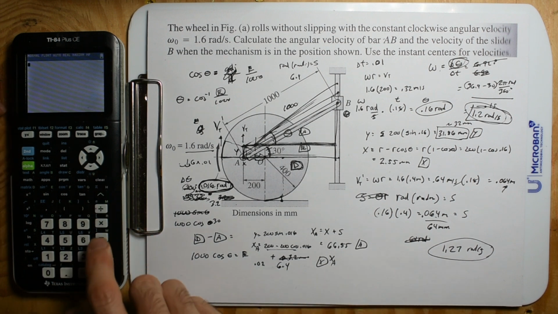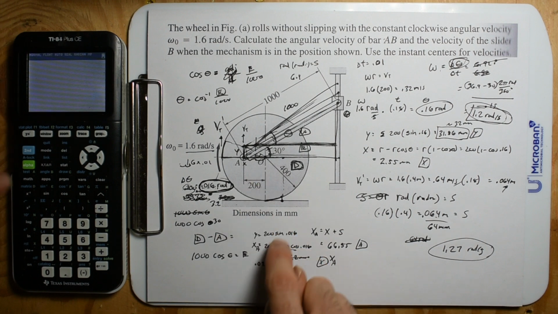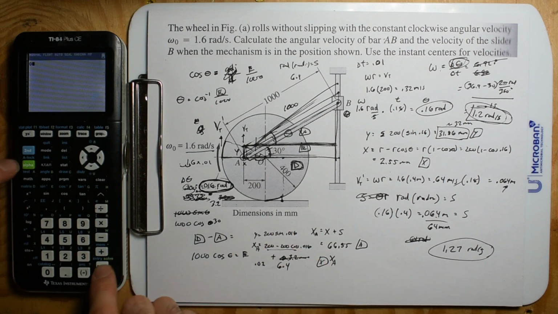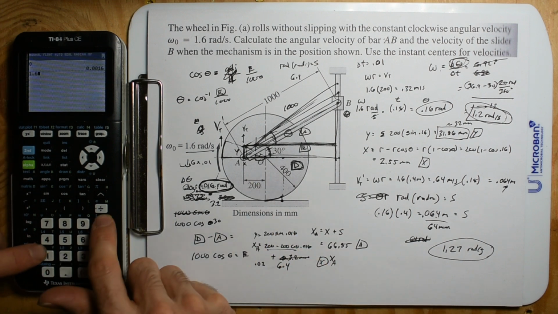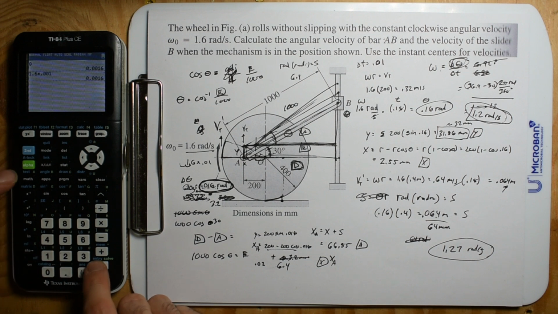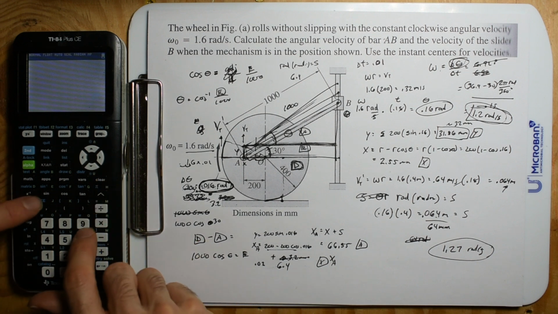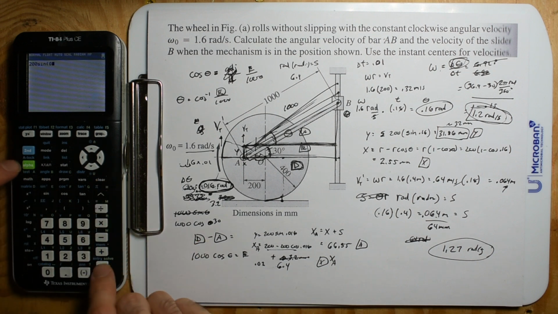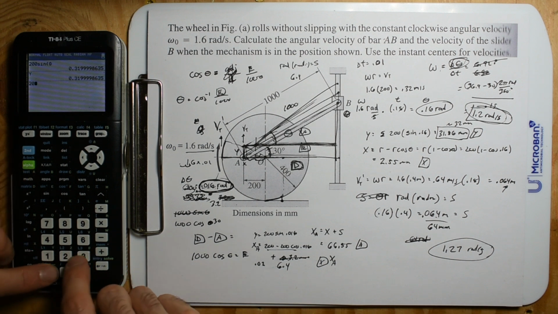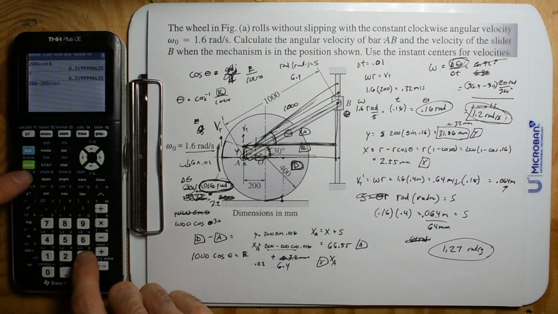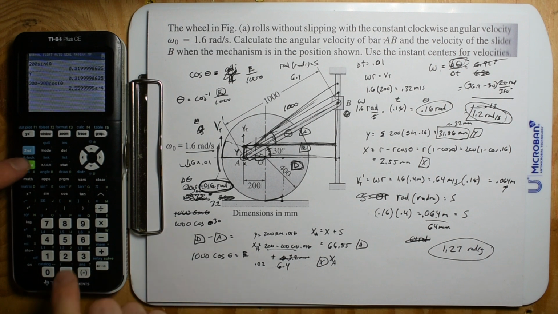But anyway, so let's see what we have. So we have our angle. Is this going to be right? 1.6 times 0.001. Okay, it's perfect. That's good. And we're going to go 200 sine of that angle. And then is that alpha y? Yep. And then we have 200 minus 200 cosine of that angle. And that's going to restore that as alpha x.